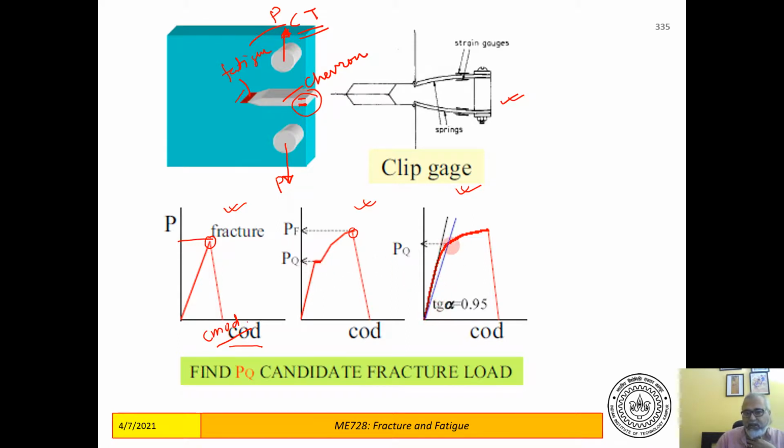So there are two loads, there are two shelves here, and in some cases this shelf is not clearly visible, and you have a smooth variation, in which case you draw a tangent line at 5 degrees to the initial slope. You draw a line of 5 degrees, and wherever it cuts the curve, you take that value to be the value of your PQ. So either of these three you will see if your small scale yielding assumptions are valid.